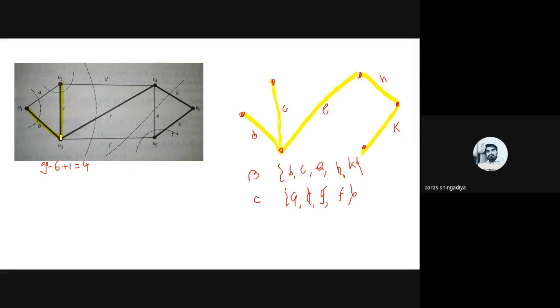Okay, I consider this edge in the graph of spanning tree, edge H and the K. Okay, so this is my graph, yellow line. Okay, this is a graph of spanning tree, and the remaining edges A, D, G, F are the chords. Okay, this is a spanning tree I consider for this graph.